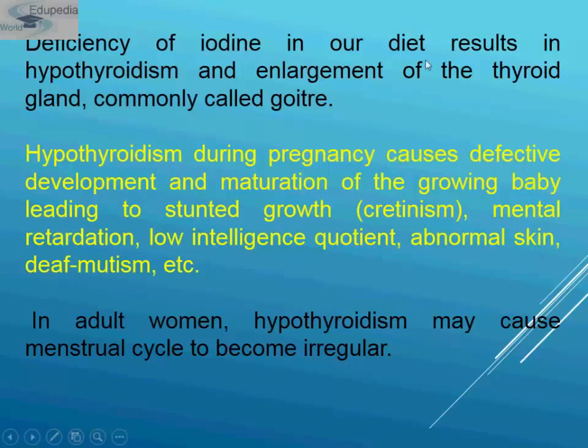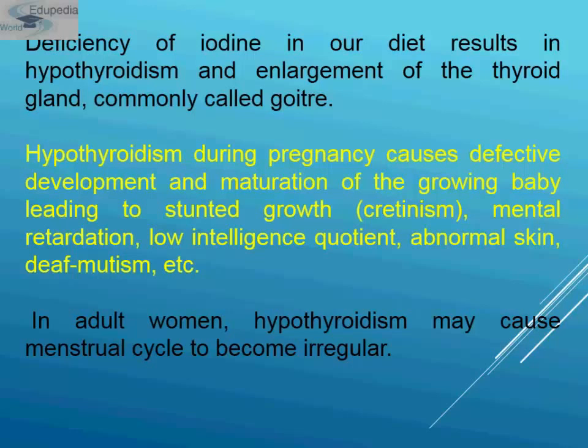An enlargement of the thyroid gland takes place, which we call goiter. I'll be showing you the picture of a person suffering from goiter with the enlarged thyroid gland. Okay, hypothyroidism means deficiency of iodine in your diet.